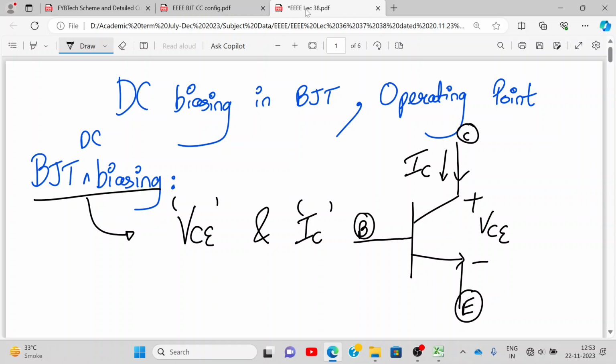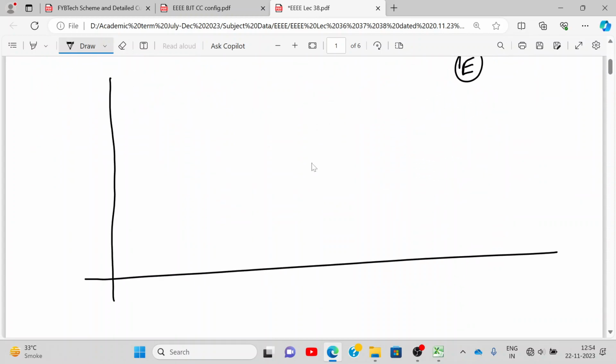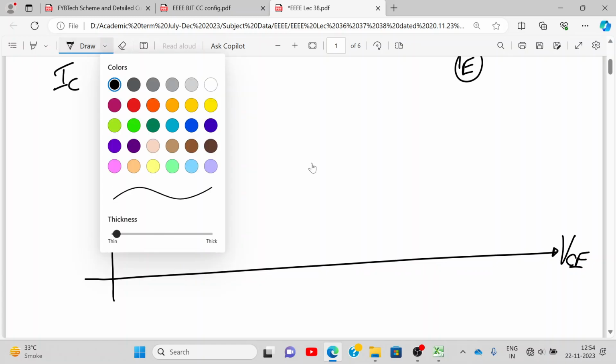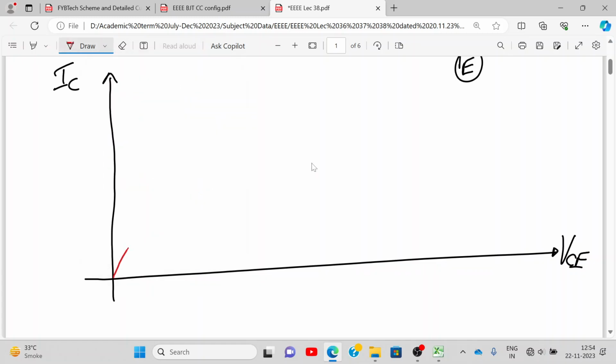Have you drawn this much? Written this much? Okay. Now see carefully. Just tell me what is this characteristics? VCE versus IC.